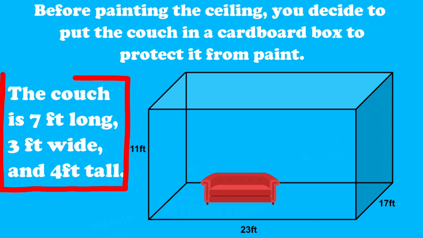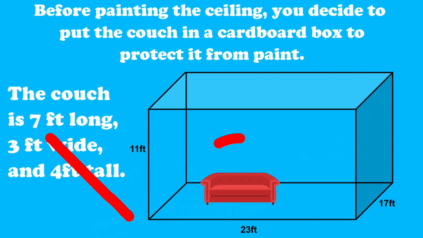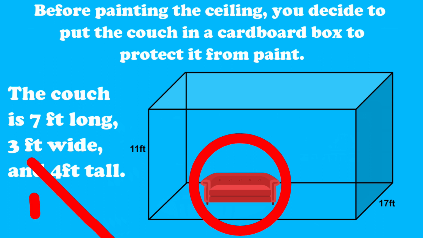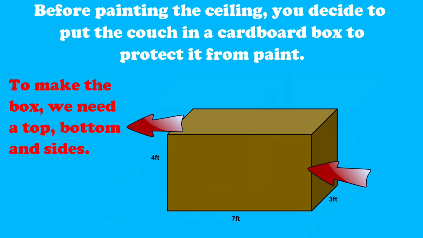The couch is 7 feet long, 3 feet wide, and 4 feet tall. That means our cardboard box needs to have the same dimensions, 7 feet long, 3 feet wide, and 4 feet tall. To make the box, we need a top, a bottom, and the 4 sides.